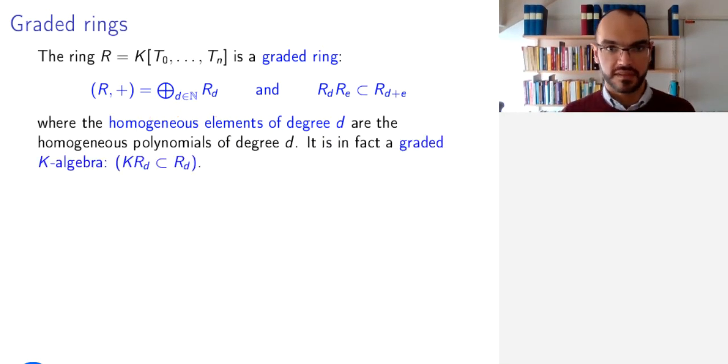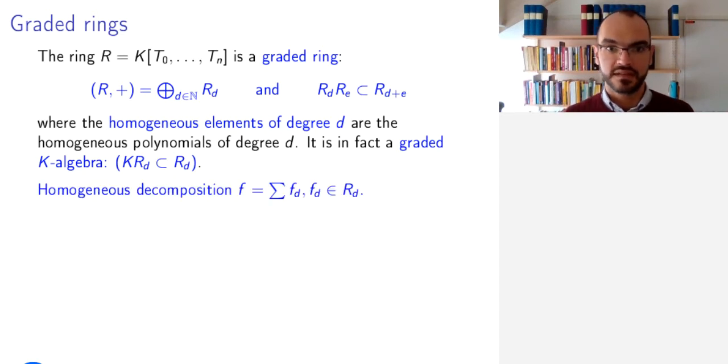So the polynomial ring is in fact more than a graded ring. Since it's more than a ring, it's a K-algebra, and it is also then a graded K-algebra. And so the action of K doesn't change the degree. That is what graded K-algebra means.